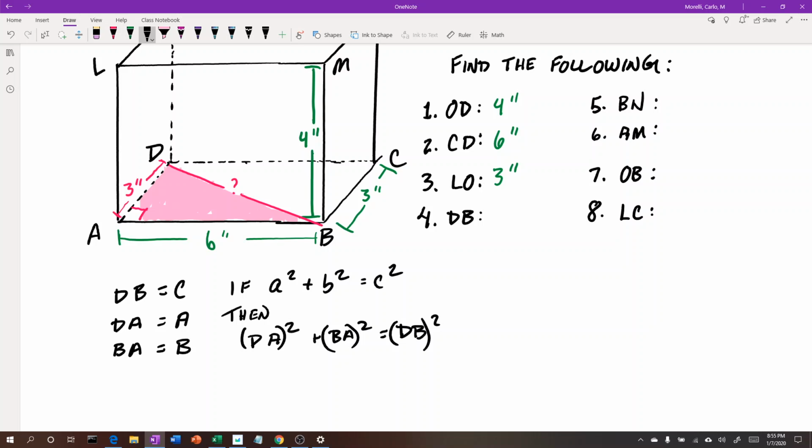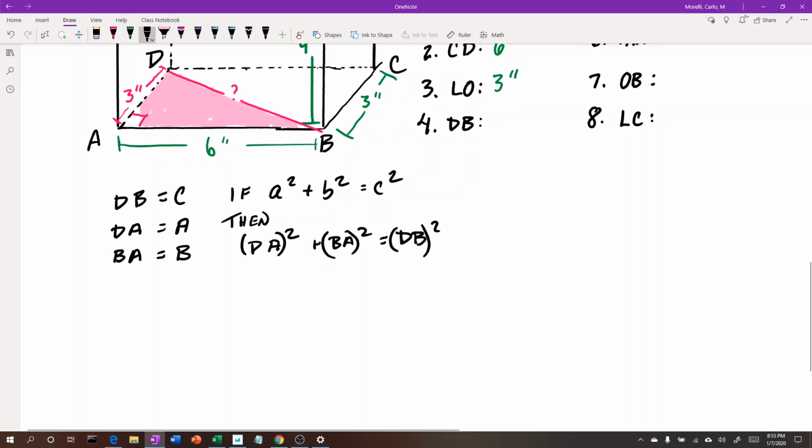How about that? Okay, so we can plug in those values. We know dA is 3 inches. Remember? So this is 3 inches squared, right? And BA is 6 inches. So that's 6 squared, right? And that equals dB squared. That's that missing distance.